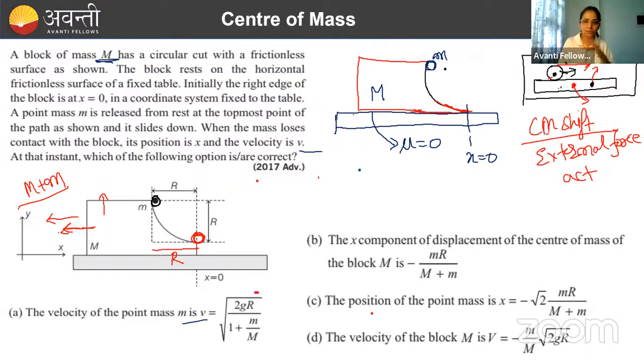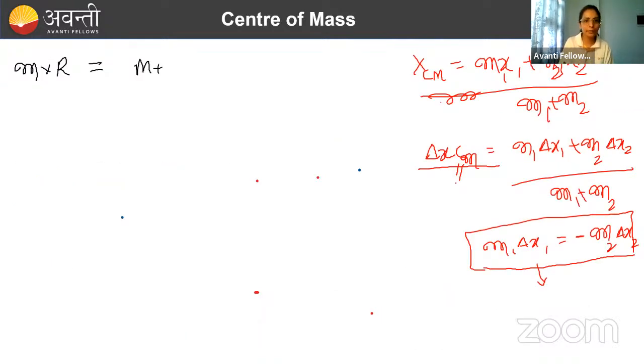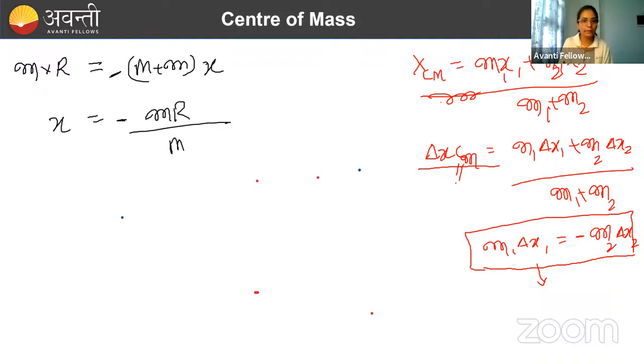When capital M mass moves in this direction, together with that, small m will also move in that direction. So what should I write here? I should write M plus m X. Done. So by what distance capital X will capital M mass move? Sorry, the minus sign will be here. So it is going to move mR by M plus m. By this distance, it will move.